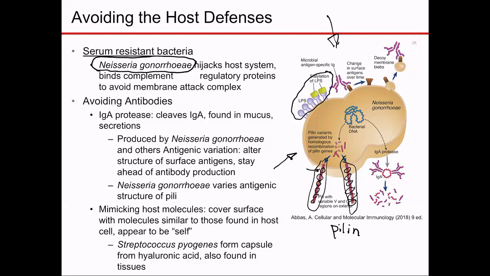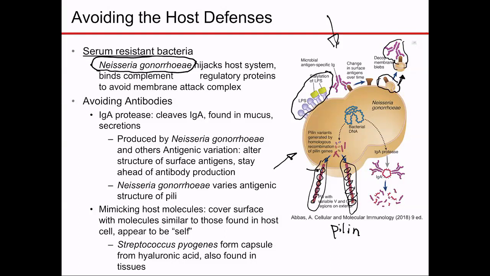Bacteria also can release, look here. Let's say this is an antigen on the surface of that bacteria. The bacteria has a mechanism to release those antigens. If by any chance an antibody is bound to that antigen, the bacteria could now release that portion of its surface.